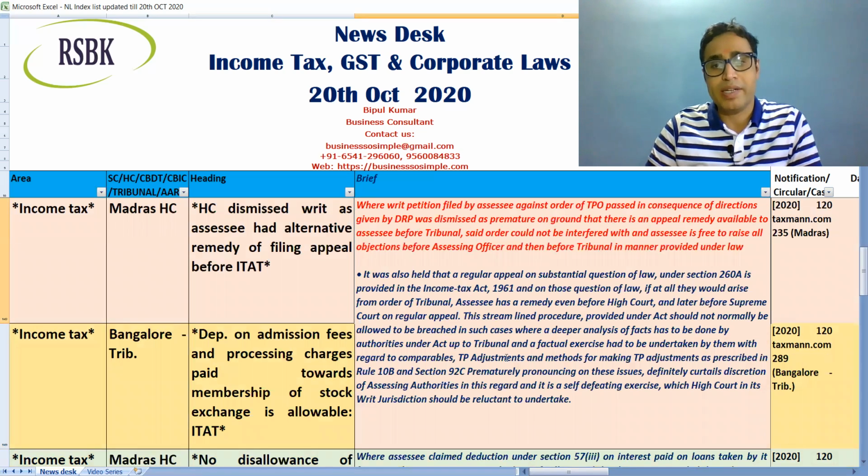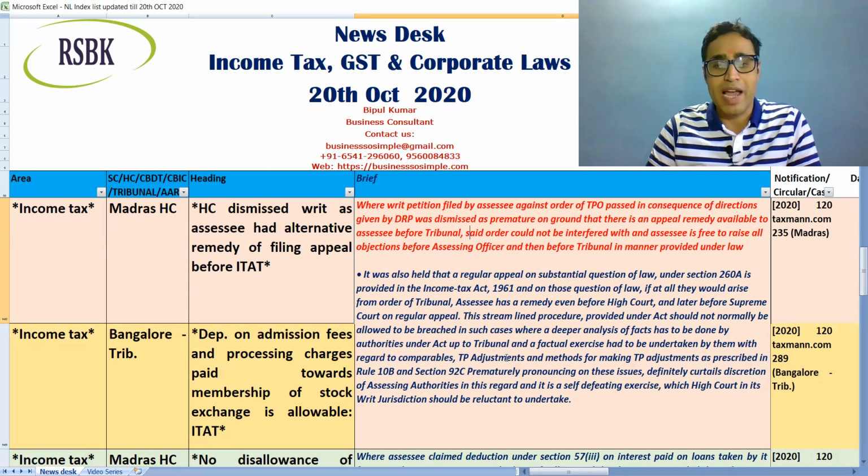It was also held that a regular appeal on a substantial question of law under section 260A is provided in the Income Tax Act 1961, and on questions of law, if at all they could arise from the order of the tribunal, the assessee had a remedy even before the High Court and later before the Supreme Court on regular appeal.